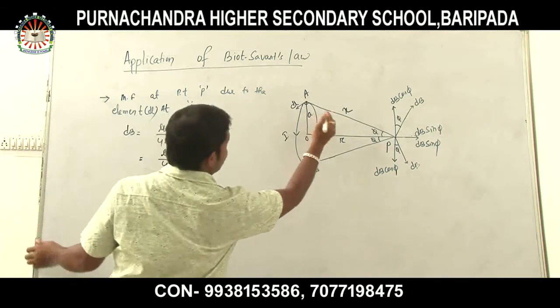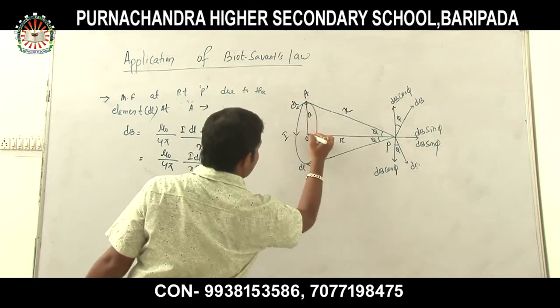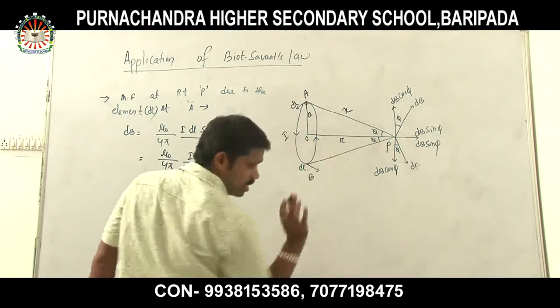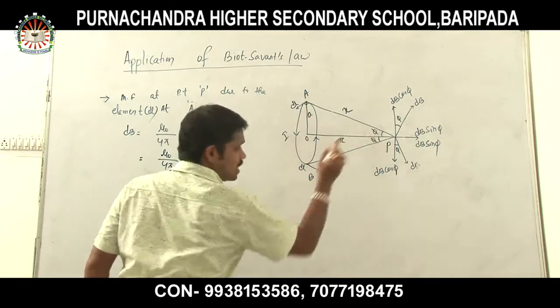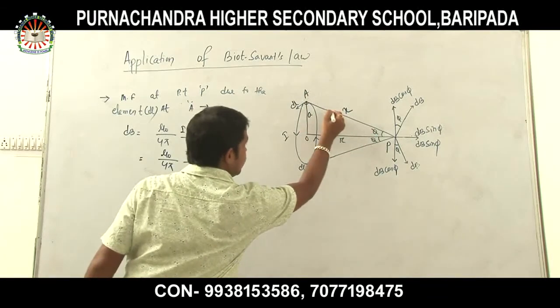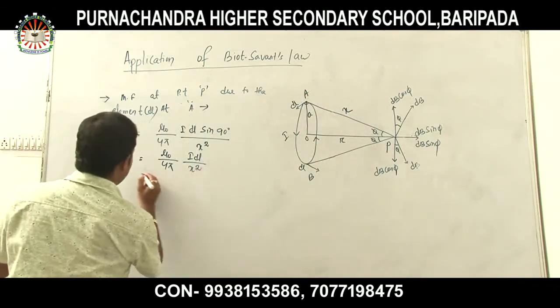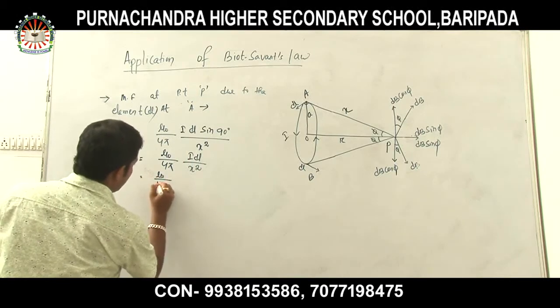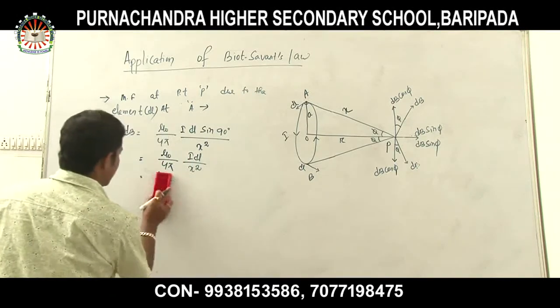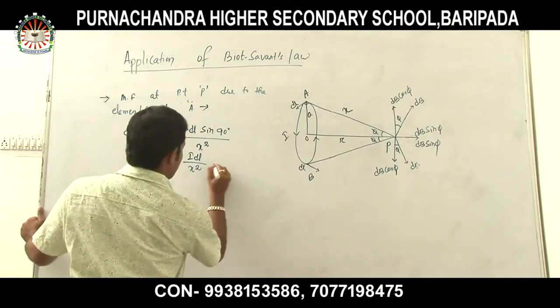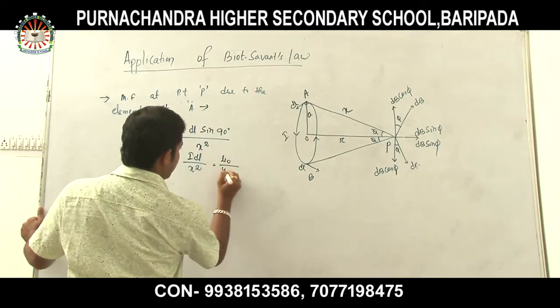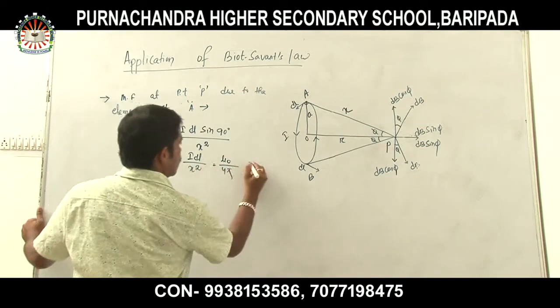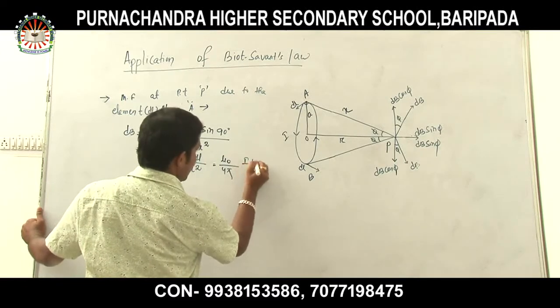But x square, look at this. This is a right angle triangle AOP, where x is the hypotenuse. So in place of x, what can I put? Mu 0 divided by 4 pi, so this is your I dl.